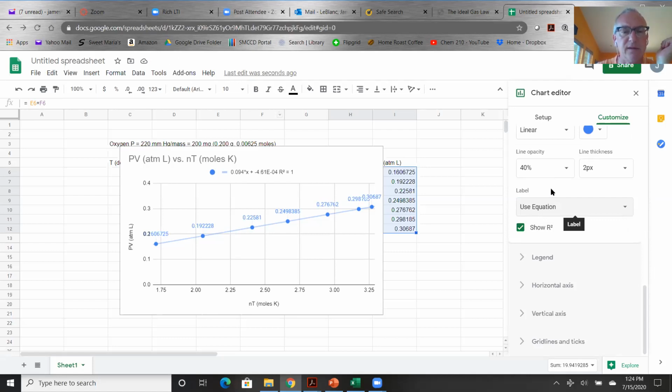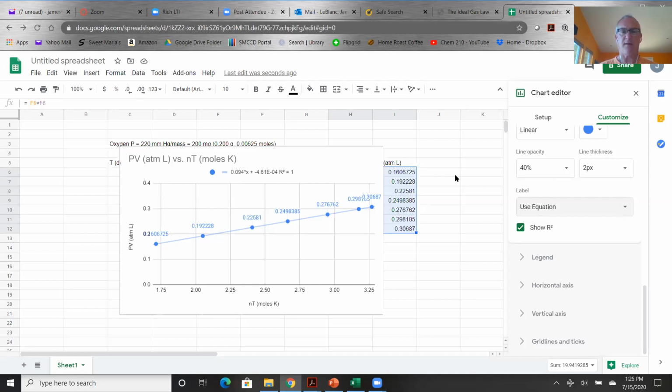And let's have a look. So we got a really good line. I mean, obviously, the line goes completely through it. My R squared is 1, meaning that every single point is directly on that line. And we've got a slope of PV versus NT.